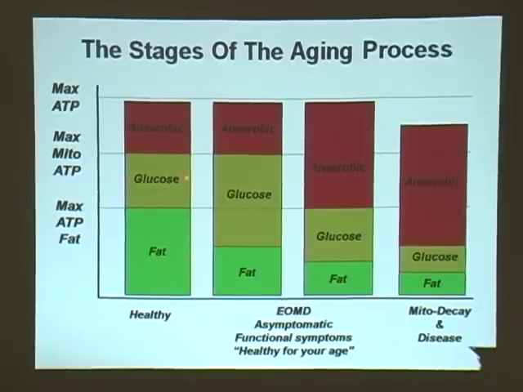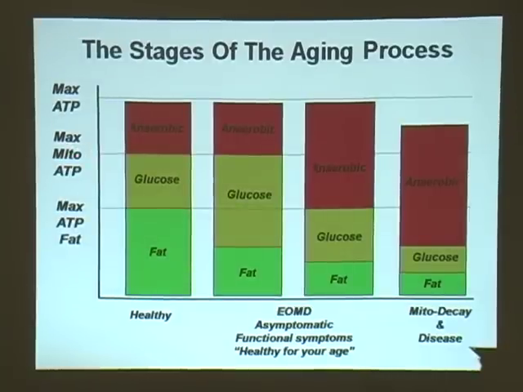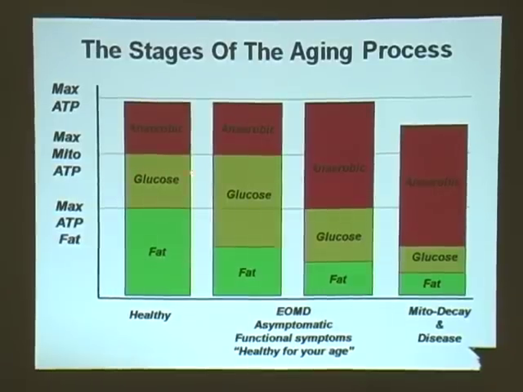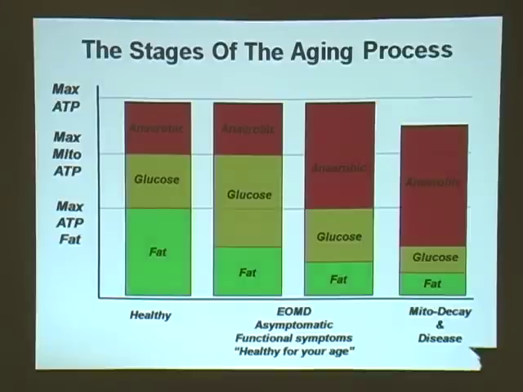And here's your healthy person. And they meet the qualifications for the maximum amount of mitochondrial energy production that they can do. And so there's 2 ways they can produce energy from oxygen. One is by burning glucose or sugar, and the other is by burning fat. And so let's watch and just kind of review this.